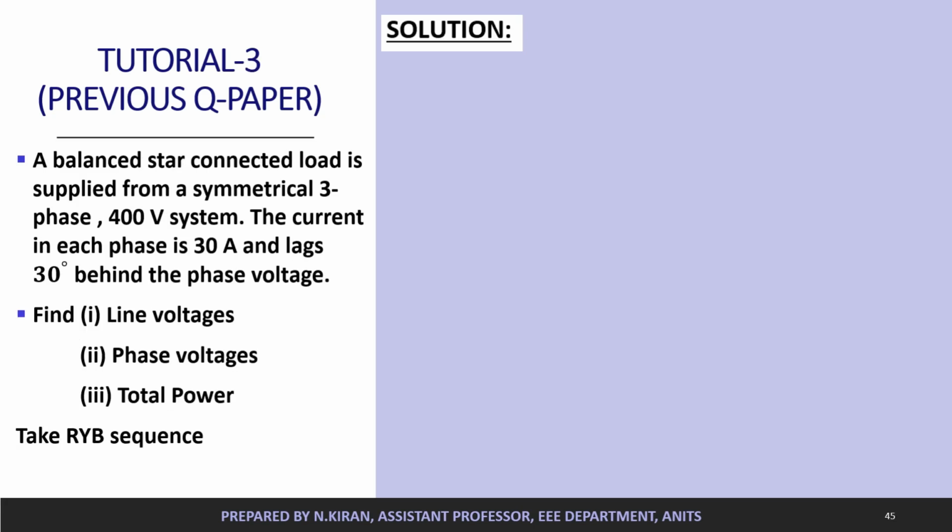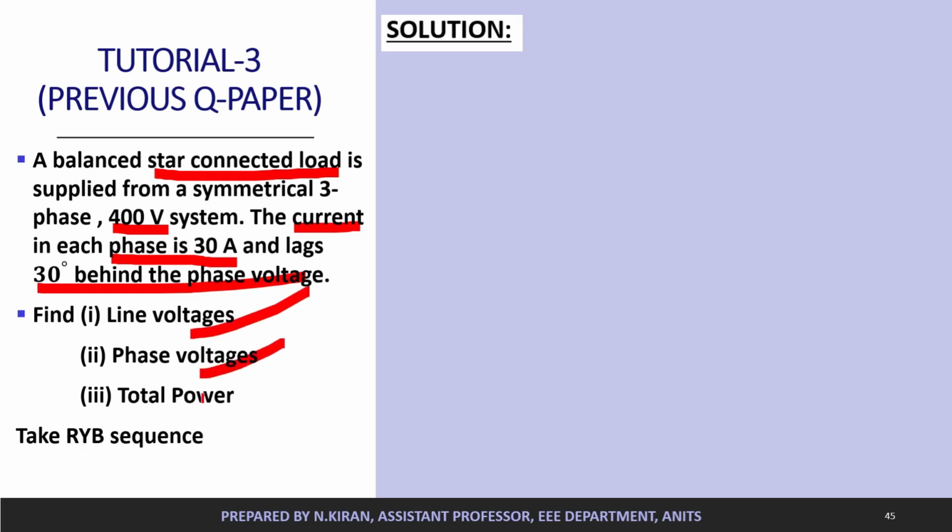The third sum. It is given that it is a star connected load. The line voltage is given as 400. The current in each phase is given as 30 amps, and it lags the respective phase voltage by 30 degrees. It asks us to calculate line voltage, phase voltage and total power.